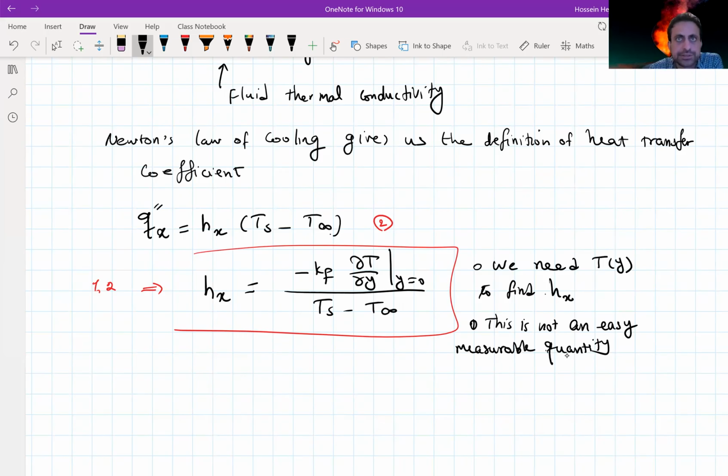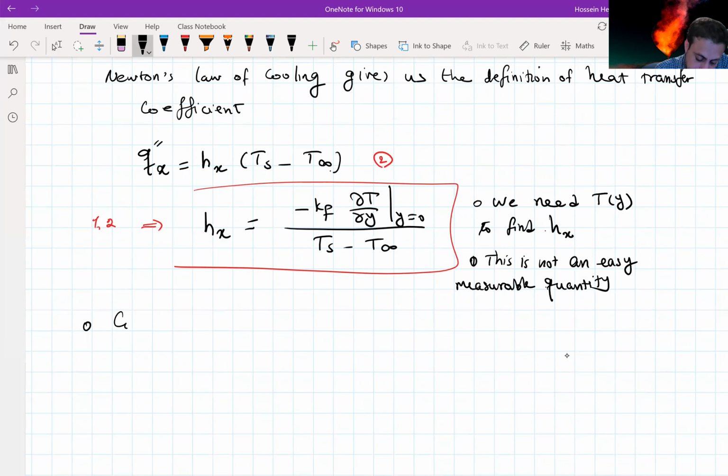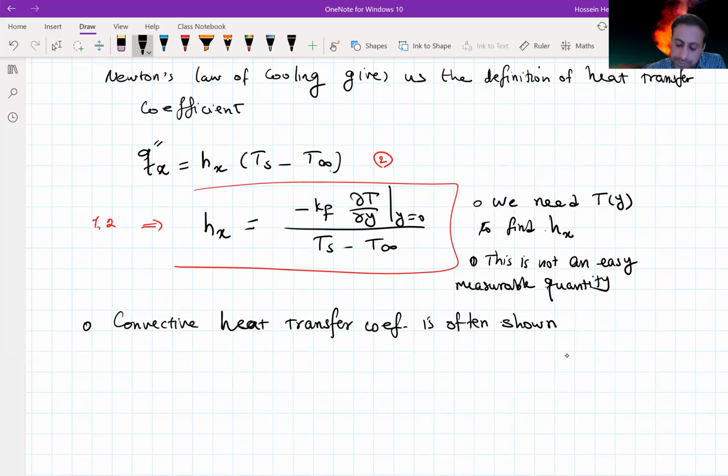Now, the convective heat transfer coefficients, we often show through the Nusselt number, in terms of a dimensionless number.